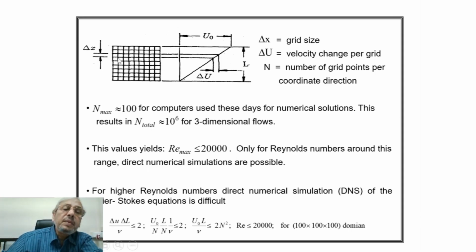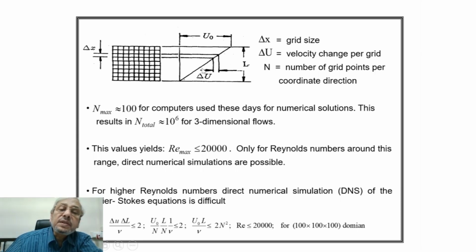See, take the type of flow we are discussing. So this is the bottom plate, this is the top plate. Top plate velocity is u0, obviously bottom plate velocity is 0. And this is the slope of velocity, so velocity is increasing and the domain is divided by a number of grids.